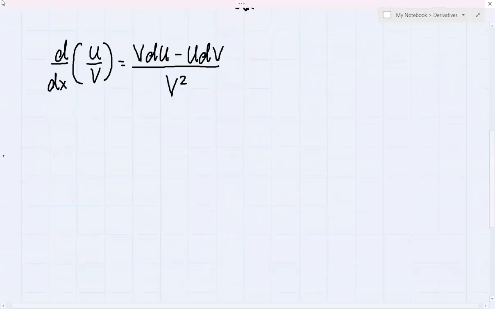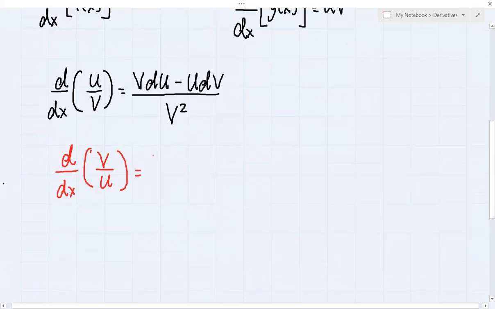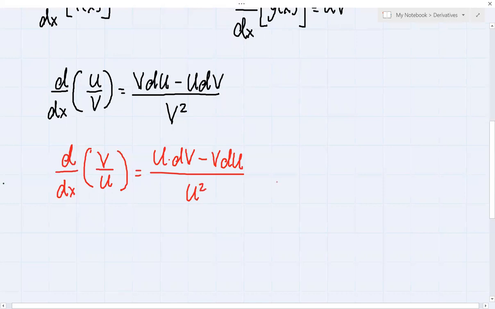Of course, it looks like this: the derivative of V all over U. Then the formula would be U dV minus V du all over U squared. You see the difference? Kaya dito pa lang, if you like to use the letters, pick two letters and pick which one will be the numerator and which one will be your denominator.